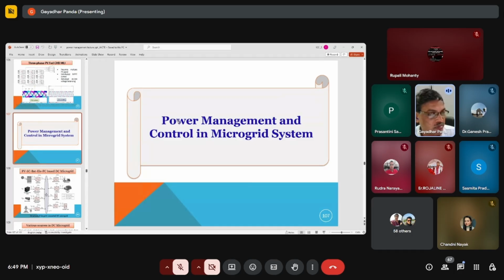Because when we talk about a microgrid system, as we have already said, many sources and many storage devices will be there, and it can be operated either in grid connected mode or in standalone mode. In a standalone mode, suppose there are two sources, one is PV and another is wind, and two storage devices, a fuel cell and a battery.